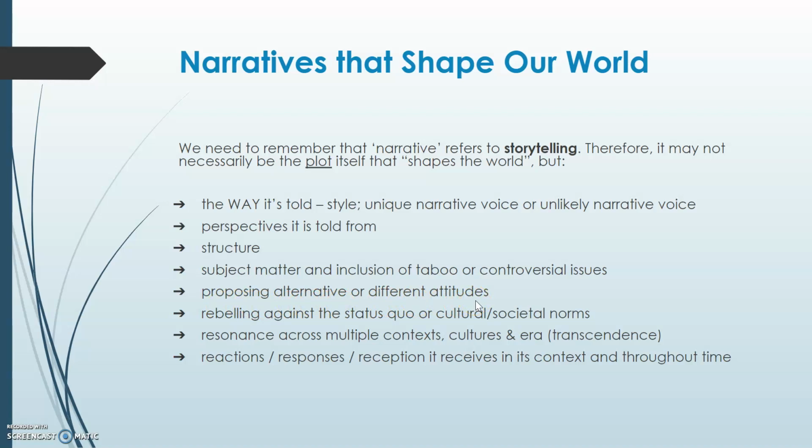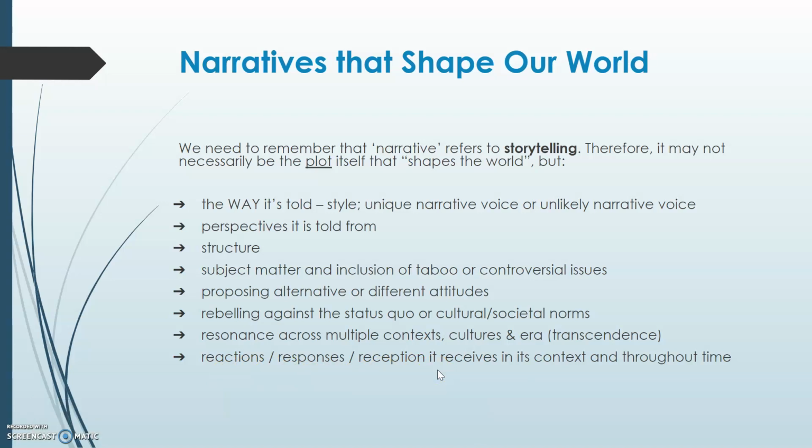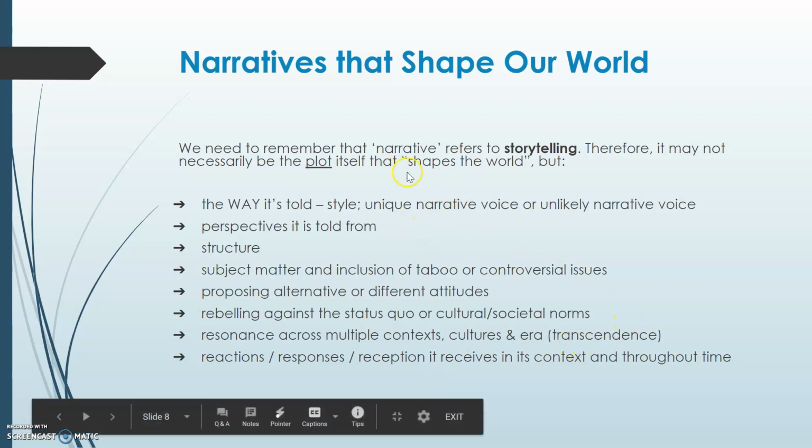It might be a little bit out of place in its time, perhaps ahead of its time, rebelling against the status quo or cultural societal norms. Does it resonate across multiple contexts, cultures, and eras? Does it transcend time? And perhaps the reactions, responses, and reception have placed a text in this category of being able to shape the world.